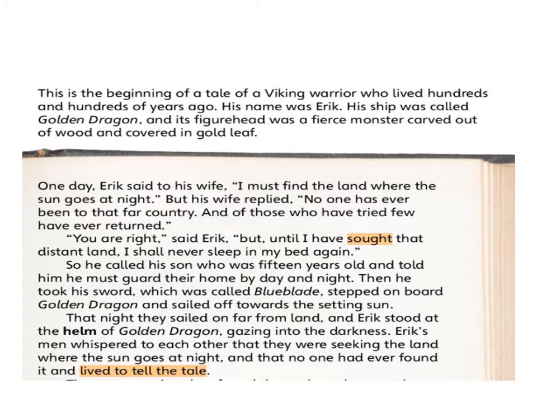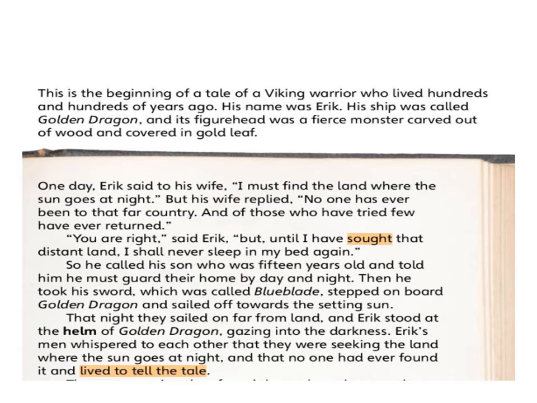So he called his son, who was 15 years old, and told him he must guard their home by day and night. Then he took his sword, which was called the Blue Blade. Now, why did he name his sword, Miss Nahla?